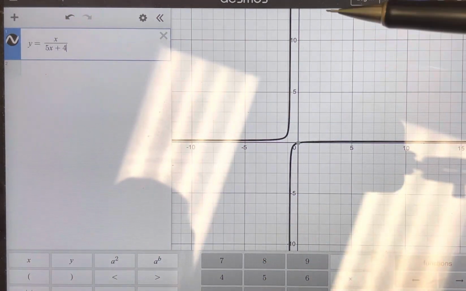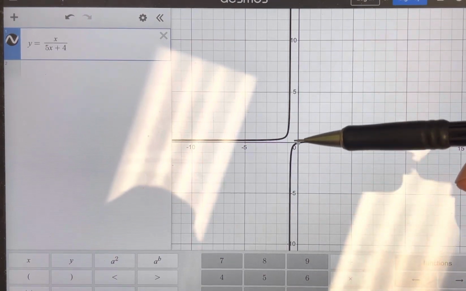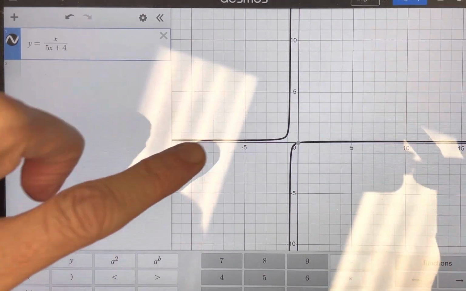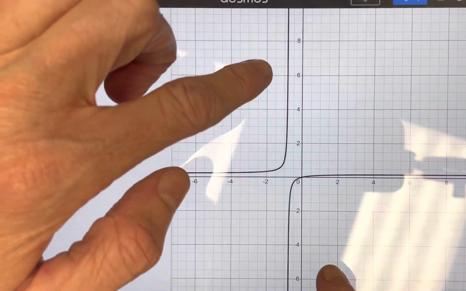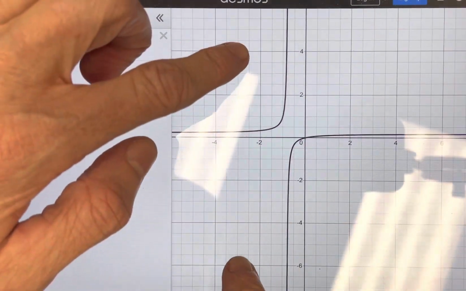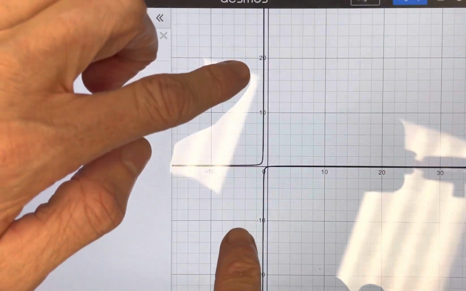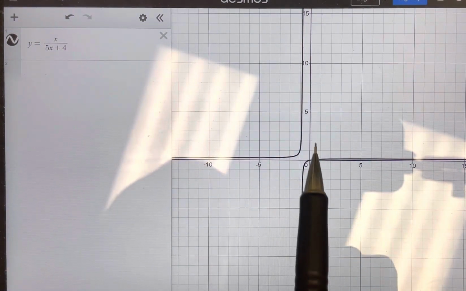You can see there's a vertical line shaping the graph that goes right through here. I'm going to come in a little bit on the x and give it a little less y, I hope. So there's a vertical line.